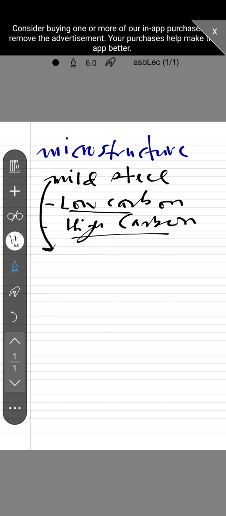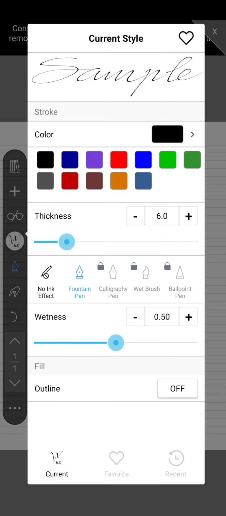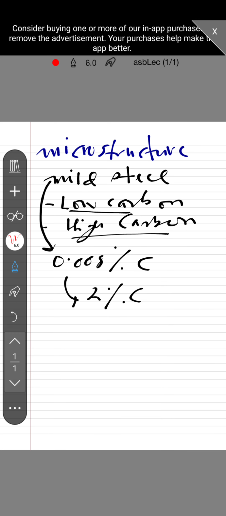So it is all about the range between 0.08%, the lowest carbon concentration which can make iron a steel, to 2%, beyond which we call it cast iron. This is the range of carbon concentration possible in steels with different names.